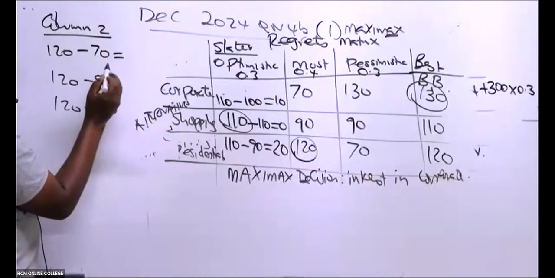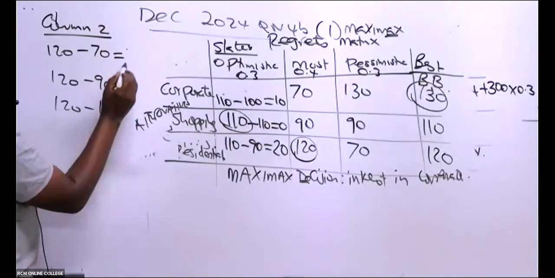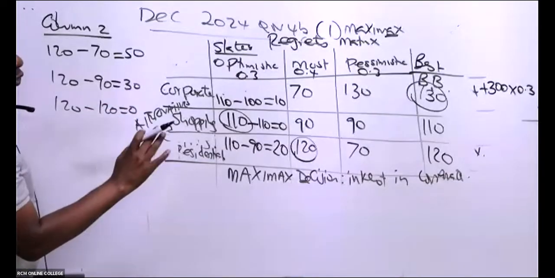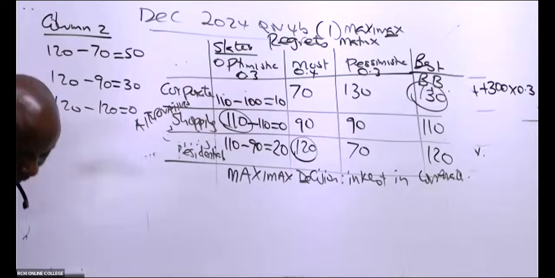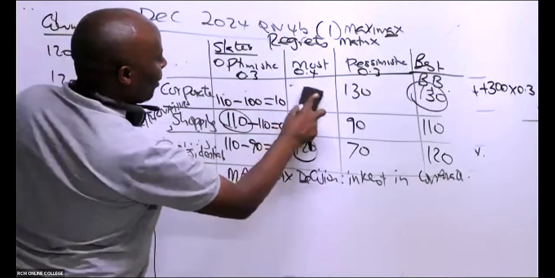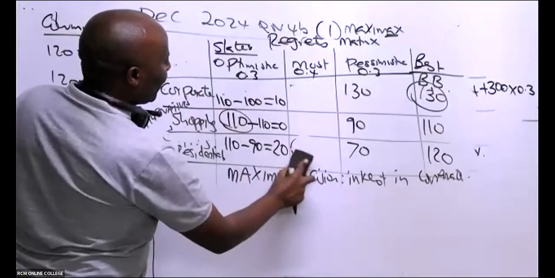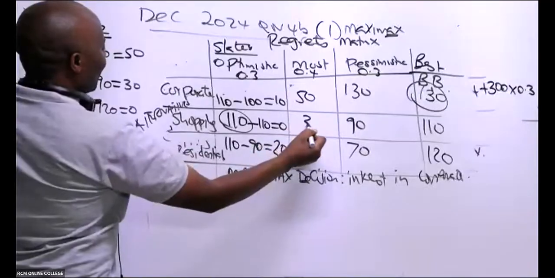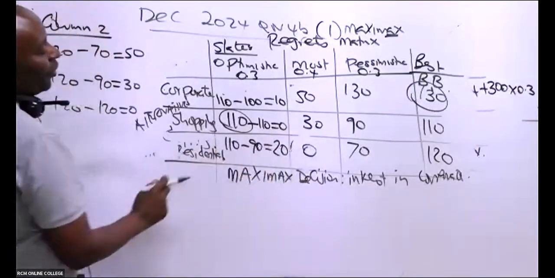Which then will give me what figures? Somebody has already given me these figures. 50, 30, 0. For my case, I'm okay because I'll just copy the new answers here. So we have here 50, 30, and then 0.